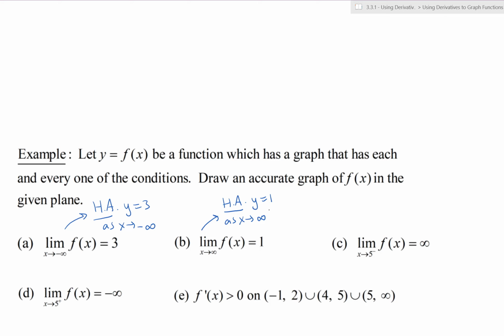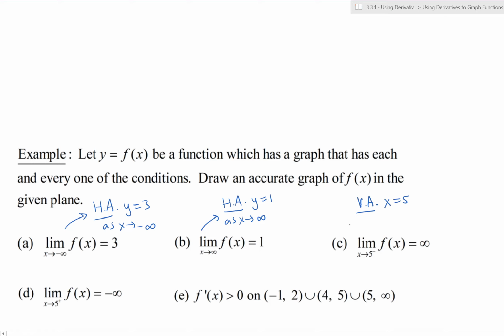There's a couple other limit statements given to us here. In part C, the limit as x goes to 5 from the left of the function is infinity. So that is telling us there's a vertical asymptote at x is equal to 5.